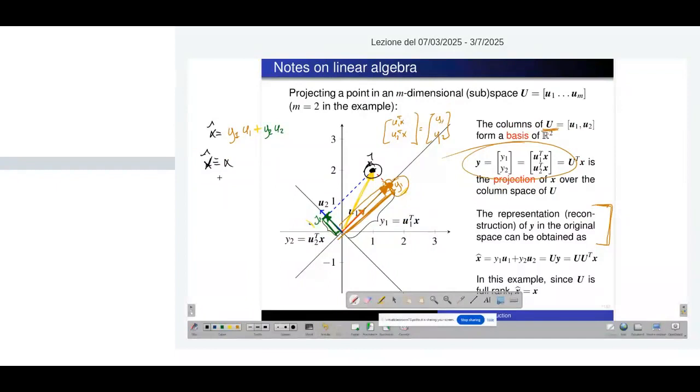This is if I were to go from a 3D space to a 2D space. If I have a 3-dimensional space where I have a point that is not the black one, but it's actually here, my projection, this x here, would actually be the projection of my black point on the screen surface. Whatever I wrote would be the reconstruction of x in the original space, but it will not coincide with the original point. My reconstruction will still lie in the space of the screen, while my point is somewhere along the z-axis, far from the screen.